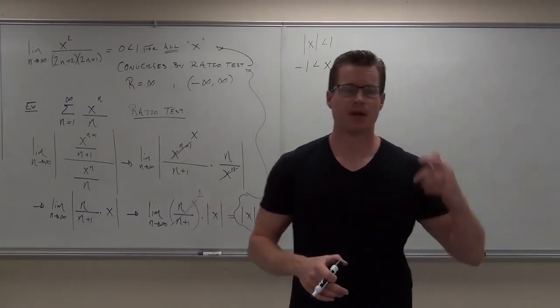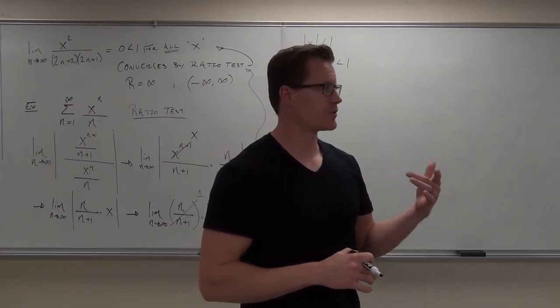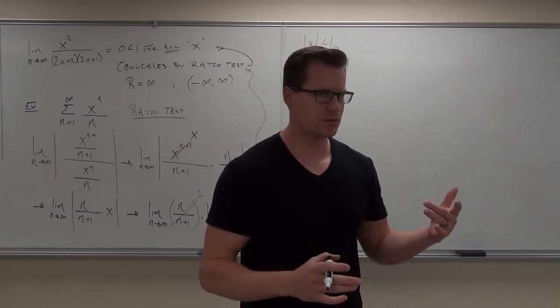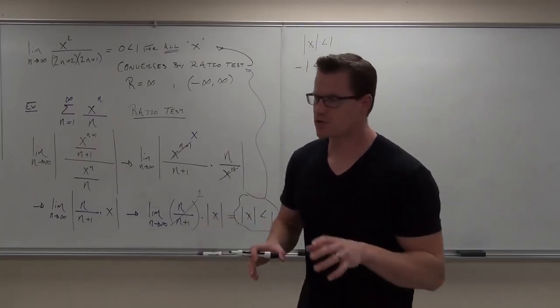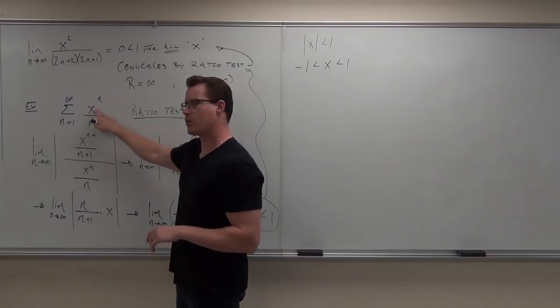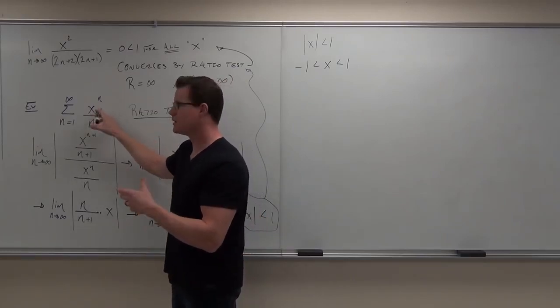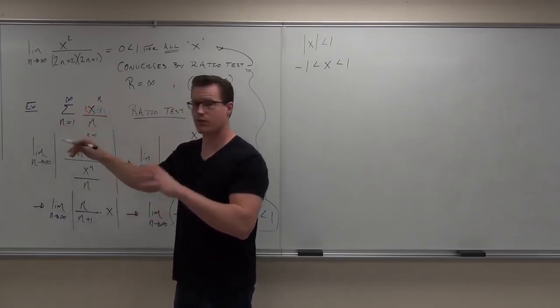Now let me tell you something. Right here is where you find your radius of convergence. It's really easy to do. Please listen carefully. What you do to find your radius of convergence is whatever is being raised to the nth power, x in this case. If it was x minus 1 to the n, you look for x minus 1.